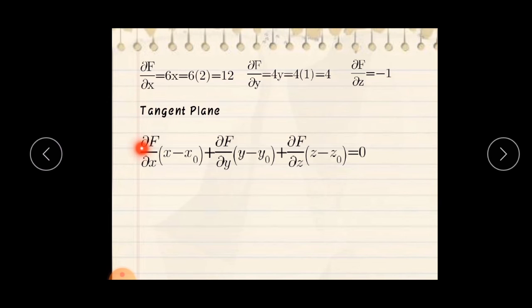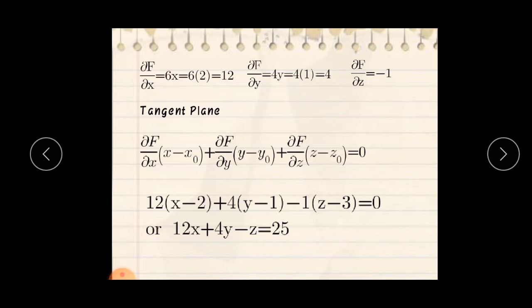As we all know, the equation of the tangent plane is the partial derivative of the function with respect to x times (x minus x sub 0) plus the partial derivative with respect to y times (y minus y sub 0) plus the partial derivative with respect to z times (z minus z sub 0) is equal to 0. And now we need to evaluate all the values that we have in our equation.